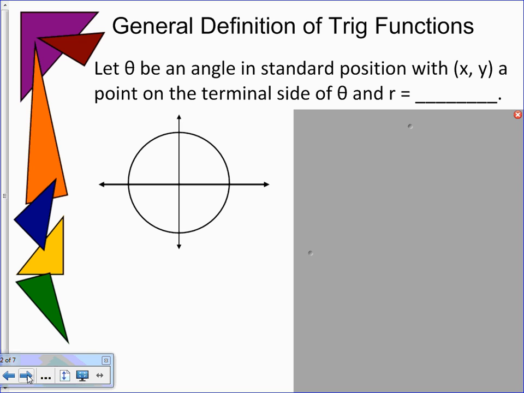We're going to let theta be an angle in standard position with the point xy on the terminal side of theta. We'll talk about that R here in just a little bit.